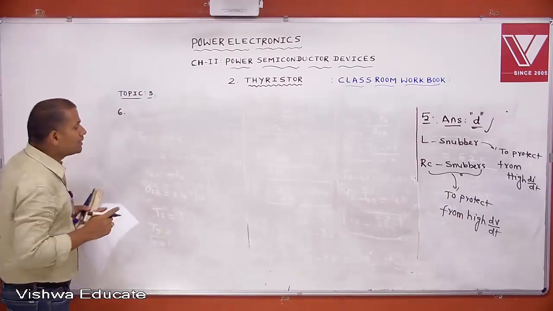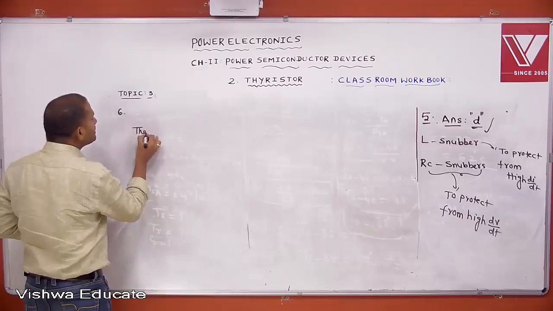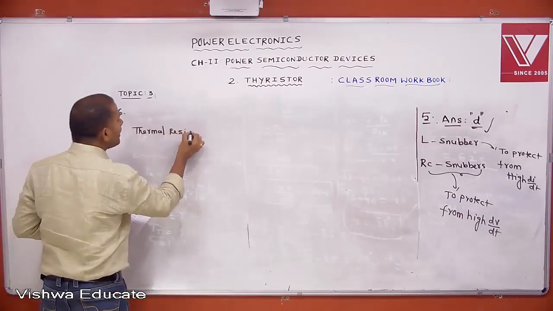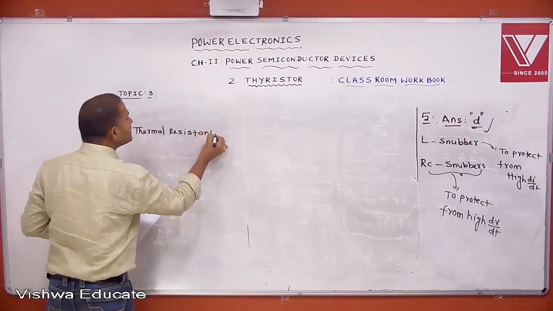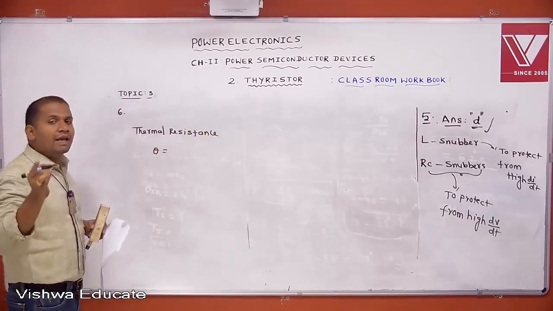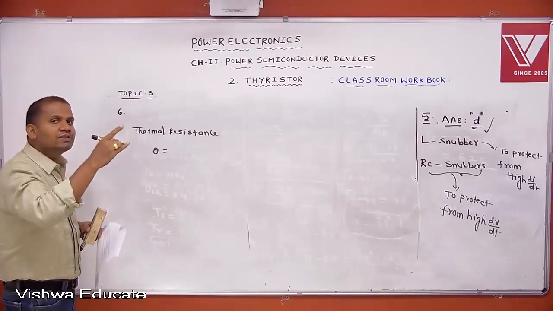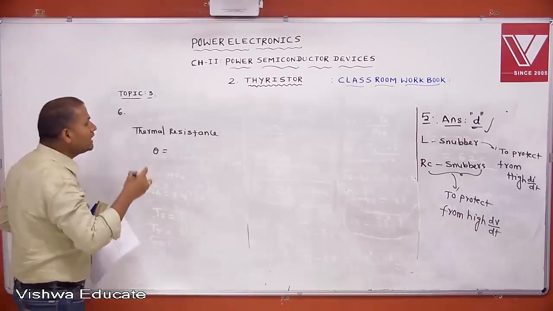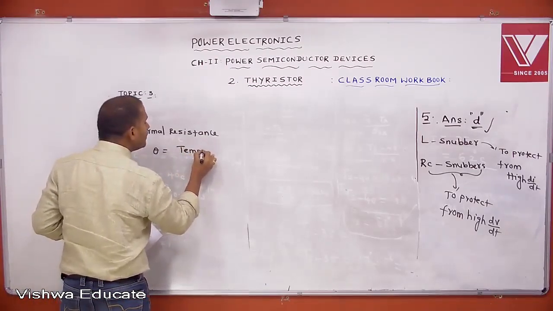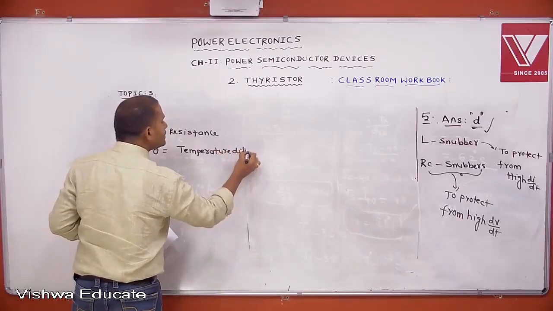How to define thermal resistance? You know this one. Thermal resistance theta is just like electrical resistance. How do you define electrical resistance? Potential difference by current. Instead of potential difference, you can write temperature difference.